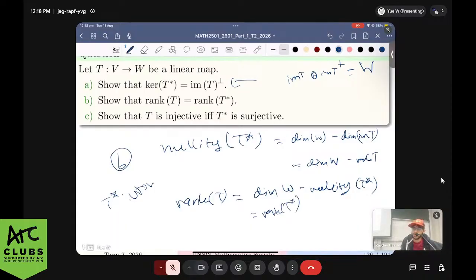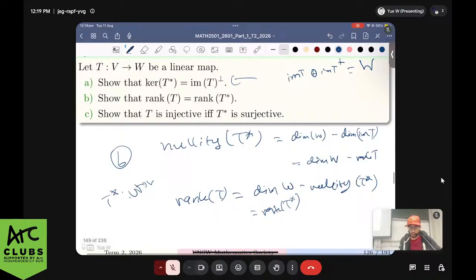Show that T is injective if and only if T star is surjective. Okay, so T injective means that the nullity is 0, the kernel's trivial. Sorry, I said the rank, that's wrong.